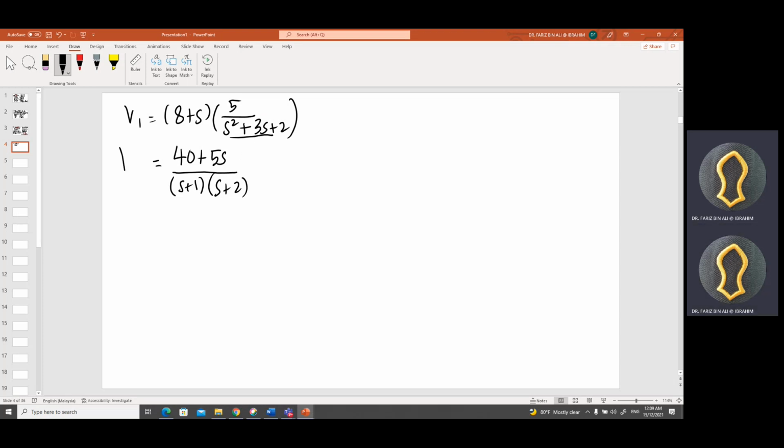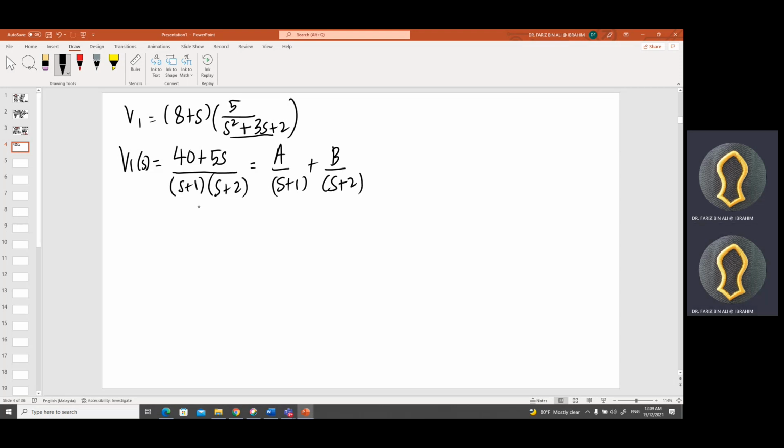So this is V1 in S domain, and how do we convert to time domain? Again, we use partial fraction expansion, where it becomes A over s plus 1 plus B over s plus 2.